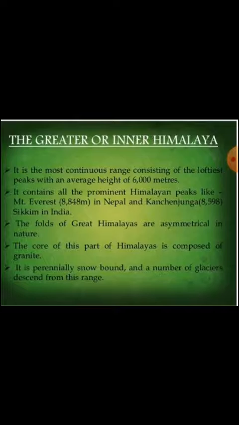The folds of the Great Himalaya are asymmetrical in nature. The core of this part of Himalaya is composed of granite. It is perennially snowbound, that is, it is covered with snow throughout the year, and a number of glaciers descend from this range.